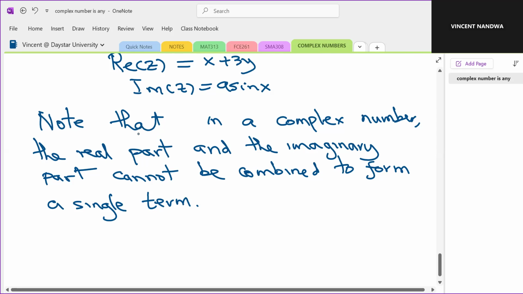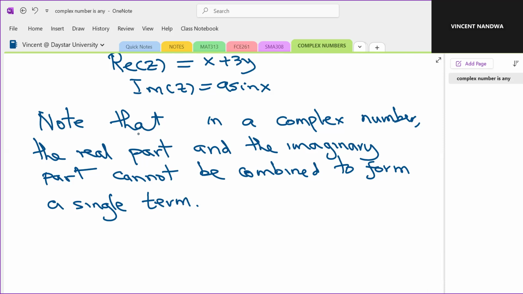That means that those real parts and imaginary parts are independent. For any complex number, the real part is independent of the imaginary part.